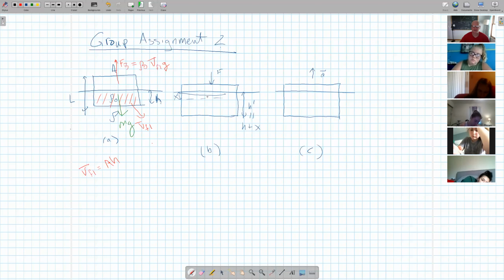So this is my free body diagram for the first part. In the second part, it's basically the same way. I still have the buoyant force upward. We still have the gravitational force downward. But what's different now is we have this extra force F pushing downward. In part C, again, we have mg pushing downward, but that force is gone, so we still have what? The buoyant force pushing upward.